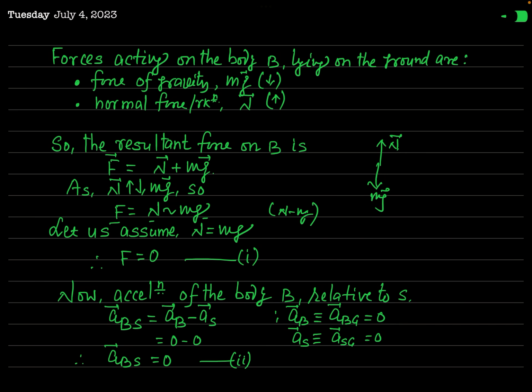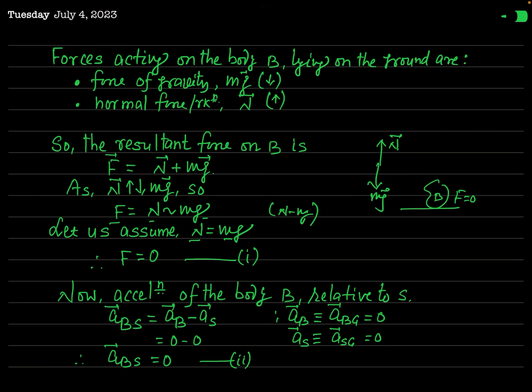Now, if you assume that this normal force and this force of gravity are equal, then F will be equal to 0. In short, we have considered a body B lying on the surface of the ground on which the resultant force is equal to 0. It means you have considered a force-free body.